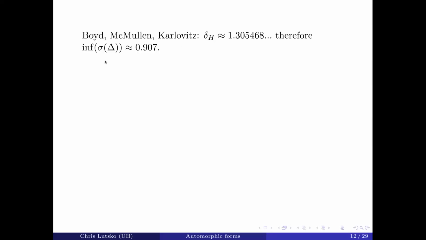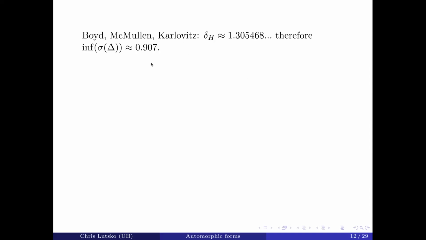But we can use that theorem of Elstrad and Patterson to say that now we know what the infimum of the Laplace spectrum is. You might be concerned that this is bigger than a quarter, but since we're working in SL2C, that 1/4 gets shifted to 1. So your exceptional spectrum happens between 0 and 1, and then you have continuous spectrum from 1 forwards. Otherwise, it's the same.